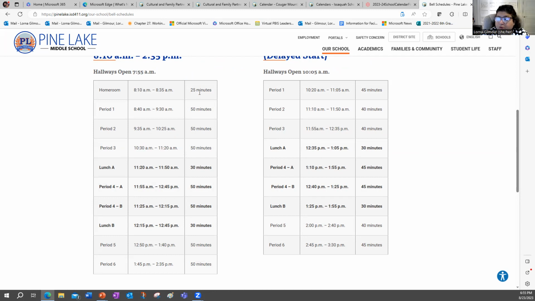They're there for about 25 minutes, and then they'll go to periods 1, 2, 3, and then the student will learn if they have lunch A or lunch B. The lunch period is determined by their fourth period teacher. Then they'll go to whatever the next class is, periods 5 and 6, and the school day at Pine Lake ends at 2:35.